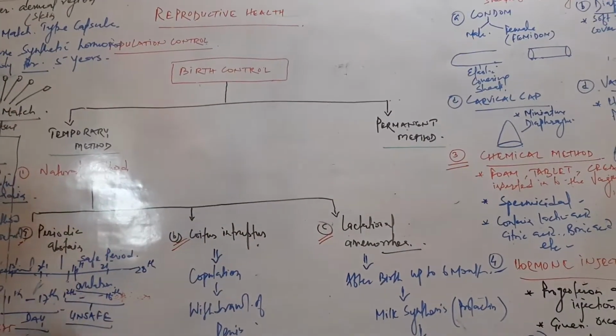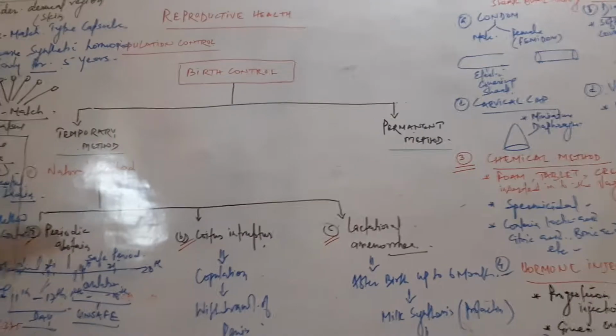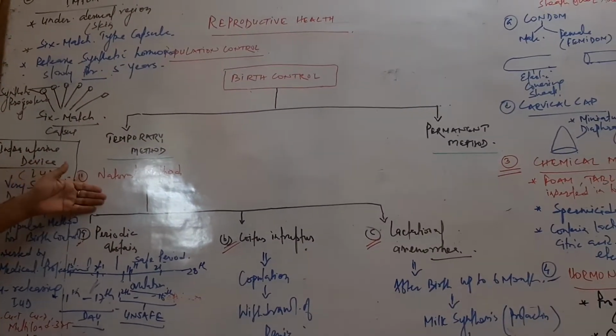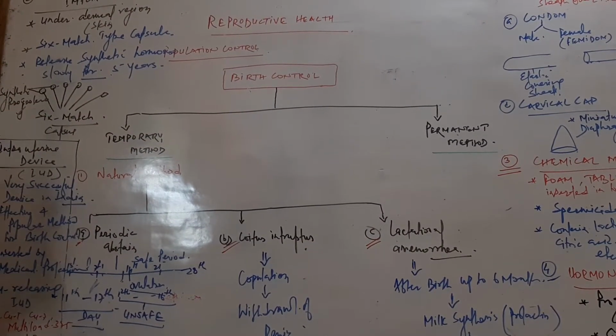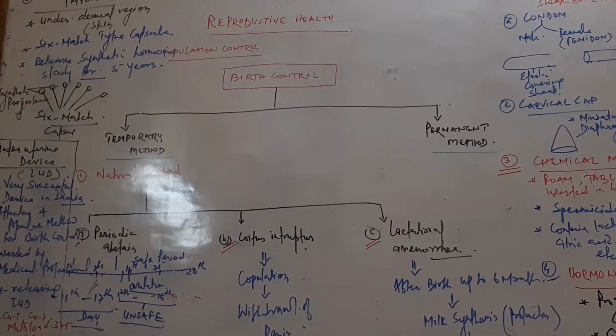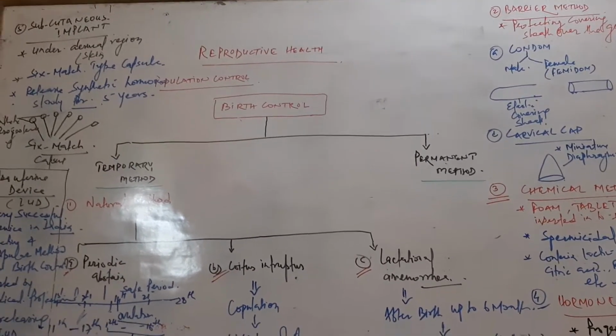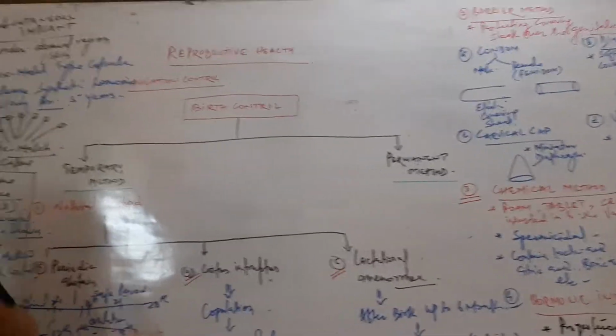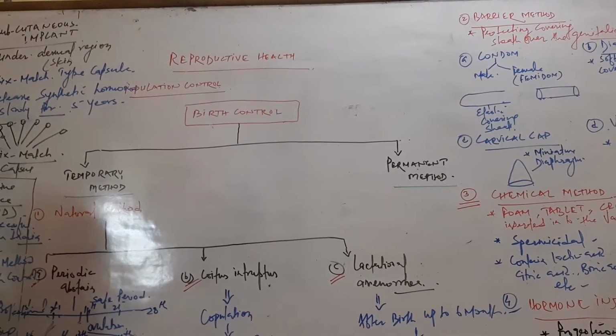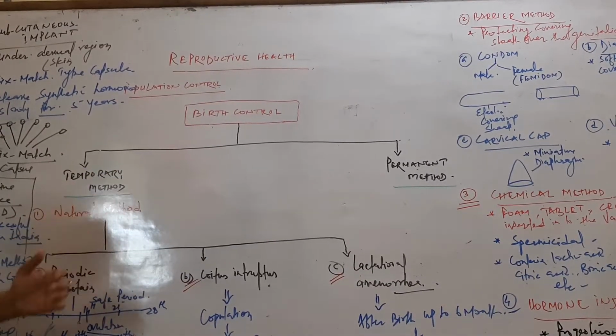Now there are various methods involved. First is natural method, second barrier method, third chemical method, fourth hormonal method and subcutaneous implant as well as intrauterine method, and lastly oral contraceptive. These are the temporary methods to control birth.